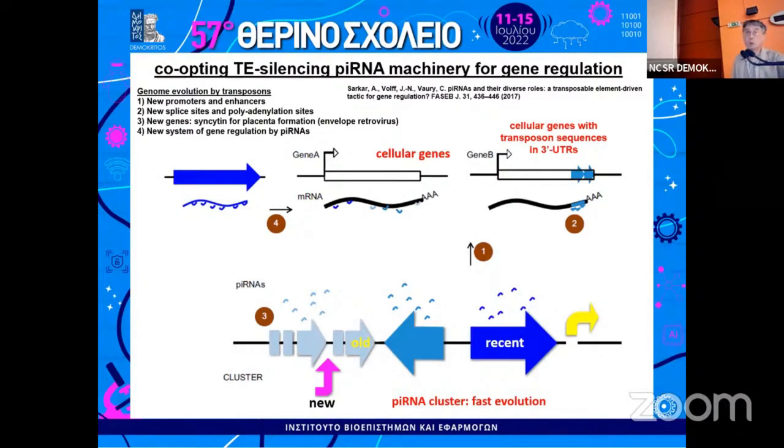Because of the acquisition of transposable elements, new piRNA clusters will be generated, new piRNAs will be expressed, and they can then be used to form new regulatory gene networks. So this fits within the idea that the presence of transposable elements can be a benefit for the evolution of genomes.